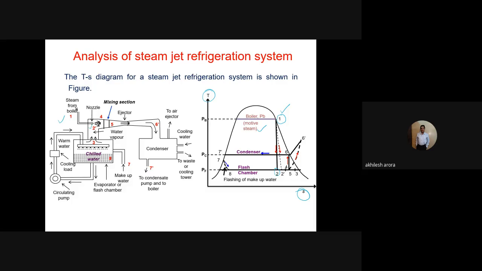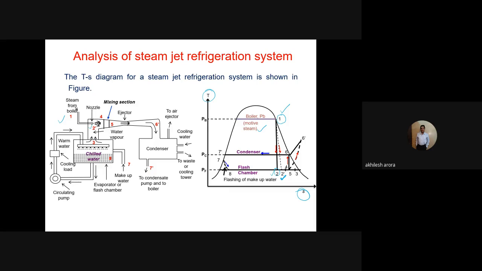So 1 to 2 shows the isentropic expansion of the steam in the nozzle, but actually it is never isentropic. It is an irreversible expansion. So rather than reaching point number 2, the steam at high velocity will be produced at state point 2 dash.